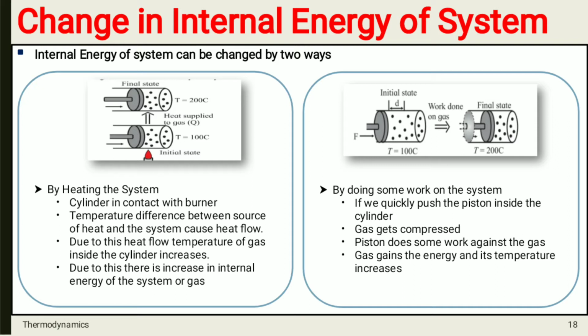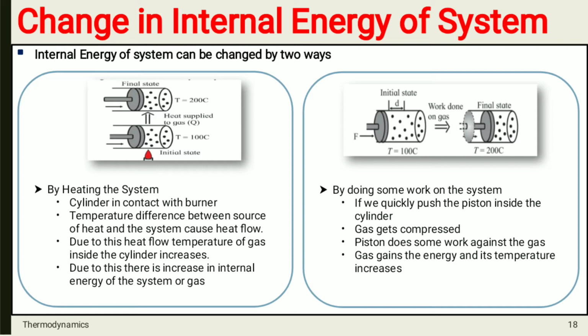Cylinder along with gas, causes heat flow. Due to this heat flow, temperature of gas inside the cylinder will increase. Due to increase in temperature of gas, there will be an increment in the internal energy of the system or gas.